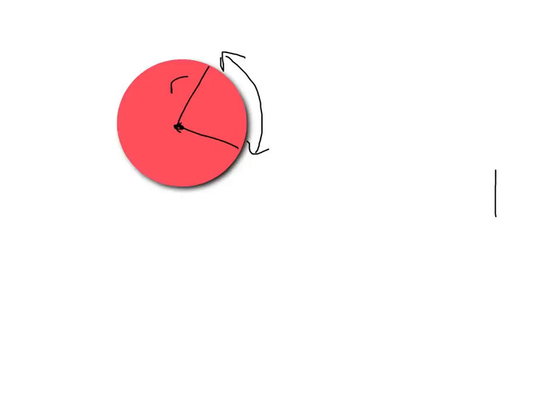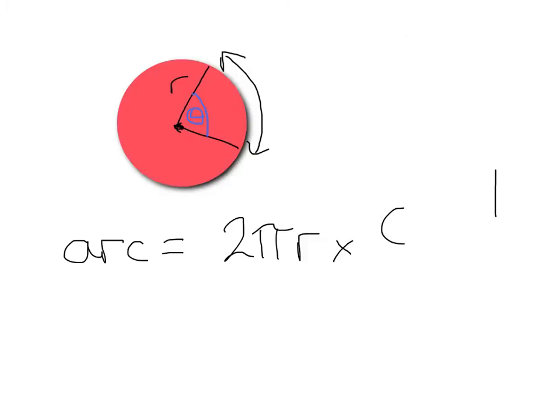Say we called this angle theta. Previously, dealing in degrees, the arc would be equal to 2 pi r times theta out of 360. That's the fraction of the whole, theta out of 360, and then you can work out the arc length.